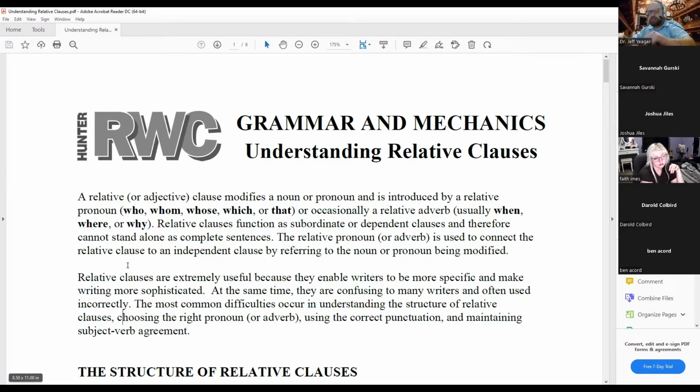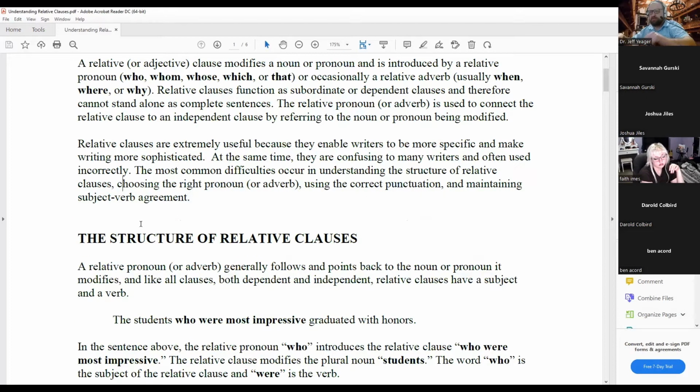If you look at a sentence below, you see how a sentence with a relative clause is structured. The students who were most impressive graduated with honors. A relative clause always starts with one of these relative pronouns: who, whom, whose, which, or that.